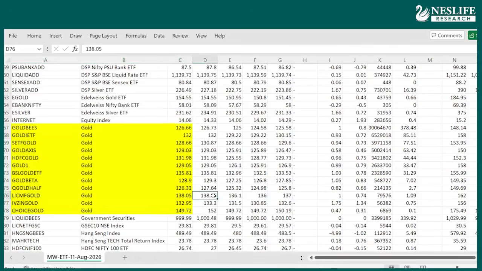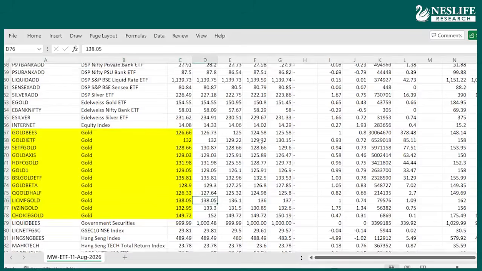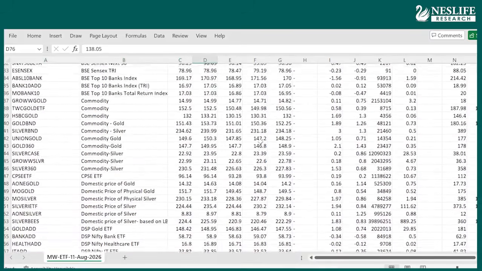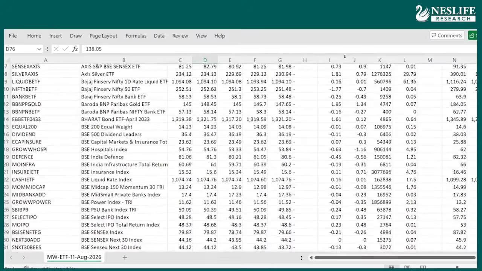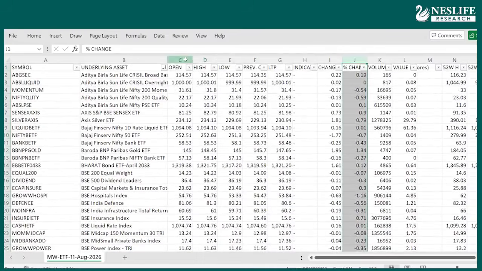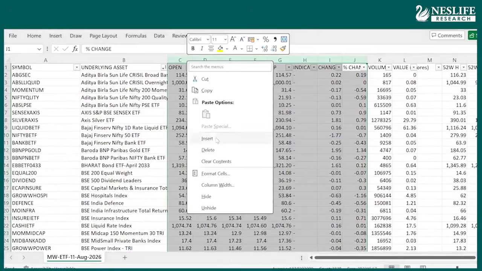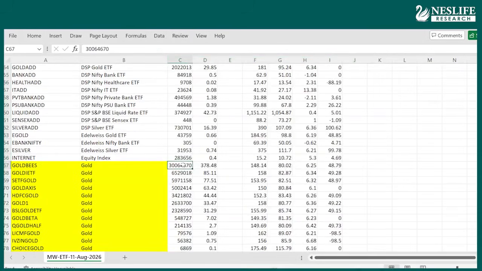Suppose you want to buy a gold ETF. Okay, so what will you do? You will find whichever has the highest volume and value. Now I'll delete this. So can you write down which has the highest volume? This is the value, D was value, and this is volume.